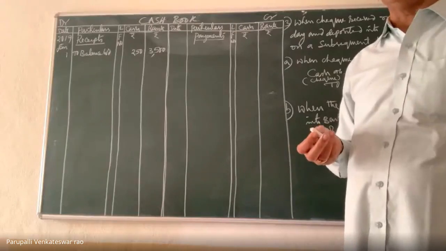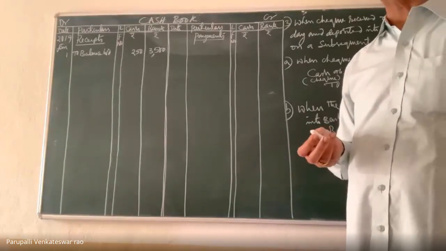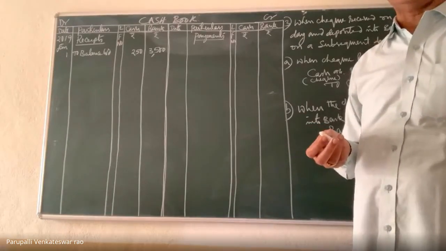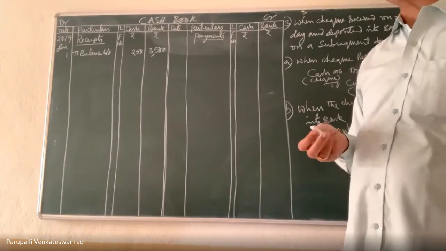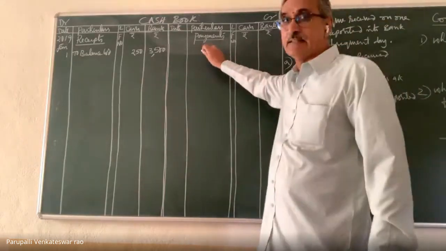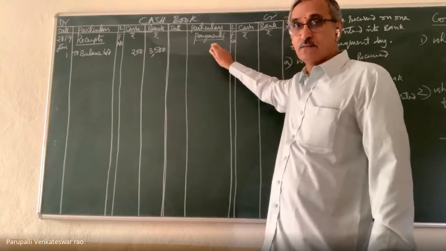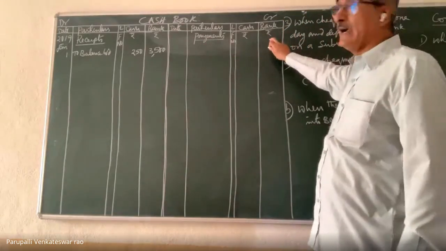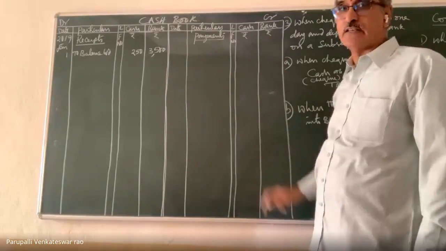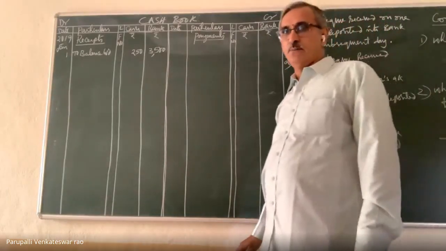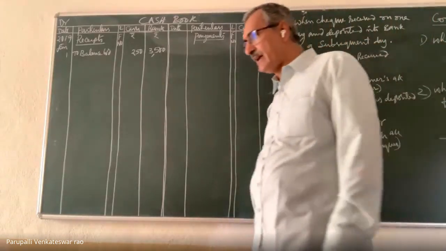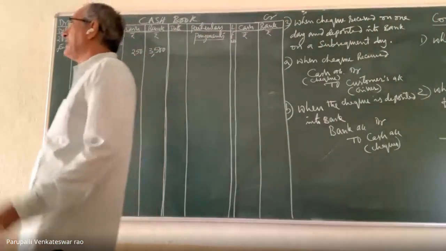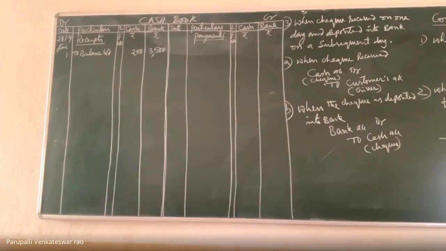Sometimes there may be a bank overdraft. You need not always have a positive bank balance. If you have an overdraft, that will come on the credit side. By bank balance brought down, in the bank column you have to write the overdraft. Overdraft is a credit balance. Bank overdraft is a liability that will come on the credit side because we owe it to the banker.